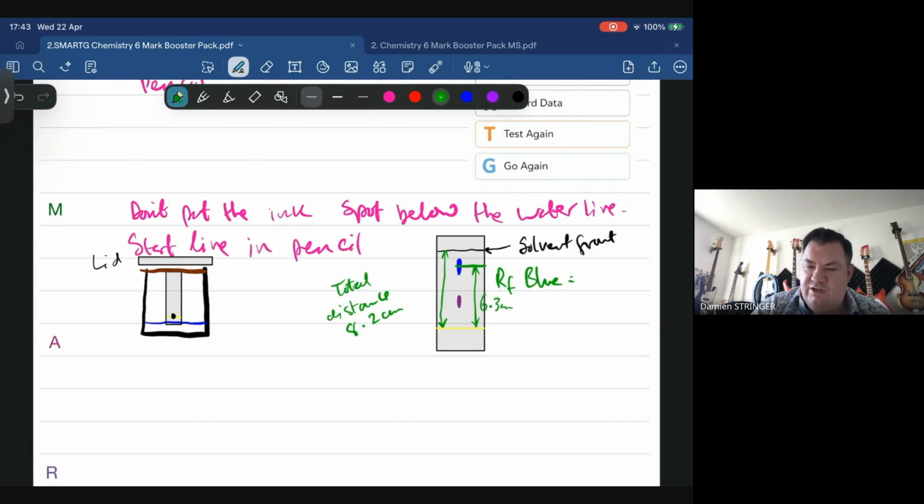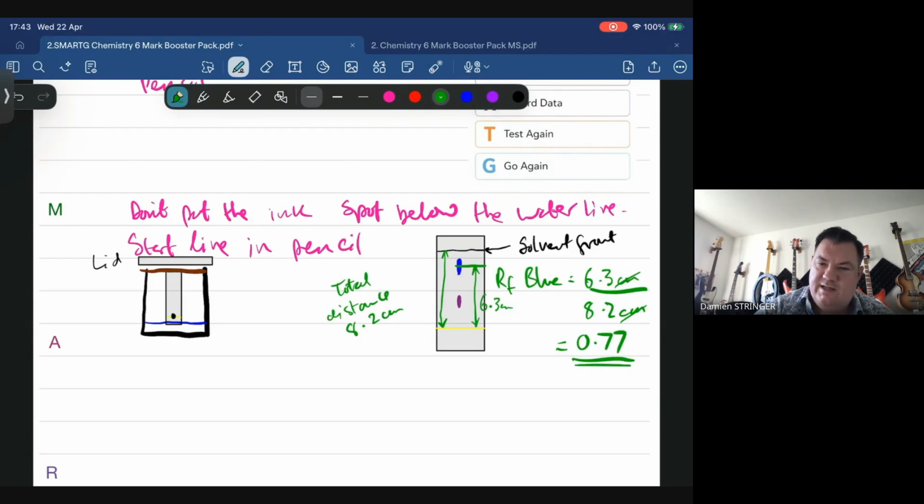It's just a ratio. So it's 6.3 centimetres divided by 8.2 centimetres, which is 0.77. And there's no units because centimetres cancel with centimetres. So that's how you would do it.